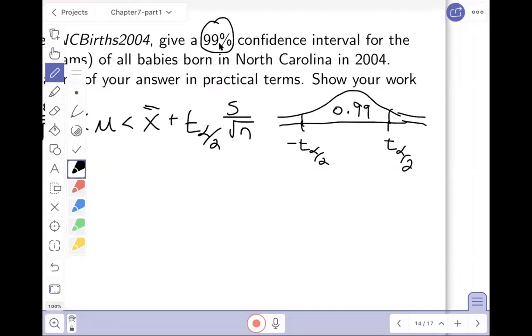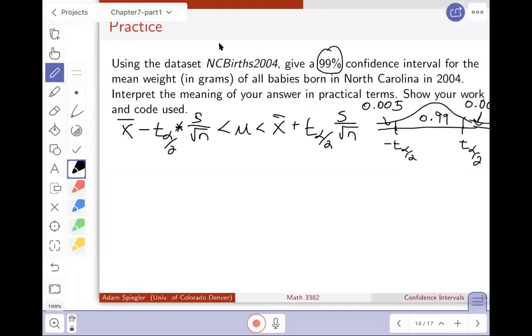That means we're missing 1% of the area. Half of that 1%, in other words 0.005, is over here, and the other half of that 1% is over here.